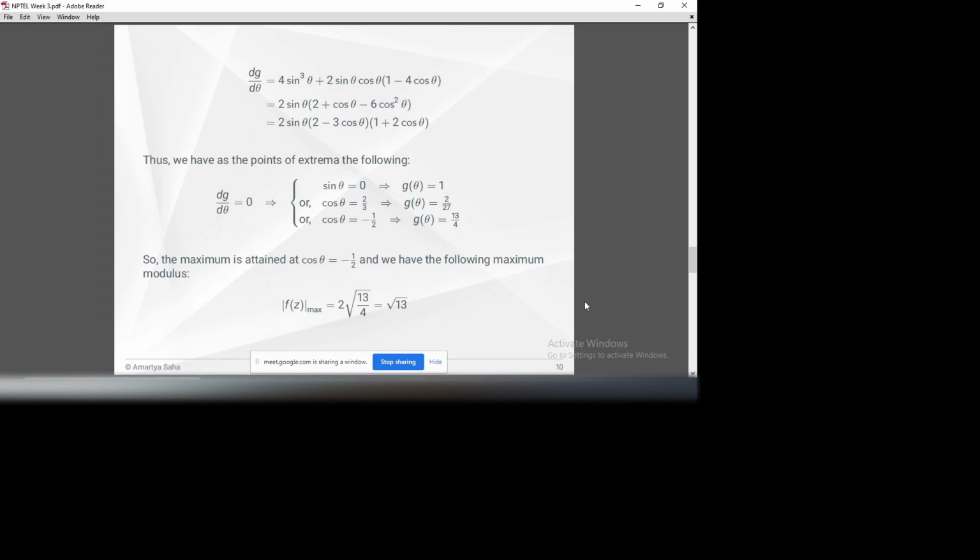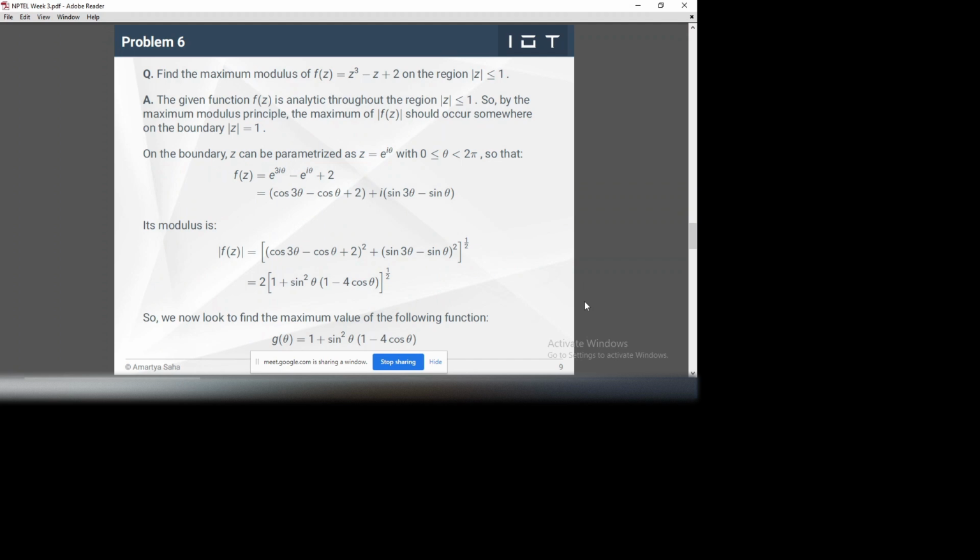So how do we do this thing? We take the derivative of the given function with respect to our variable and equate the first derivative with 0. The roots of that equation give us the points of extrema, and then we examine the second derivatives at those roots and conclude accordingly whether they are minima or maxima. So let's begin. Our g(θ) is given by this.